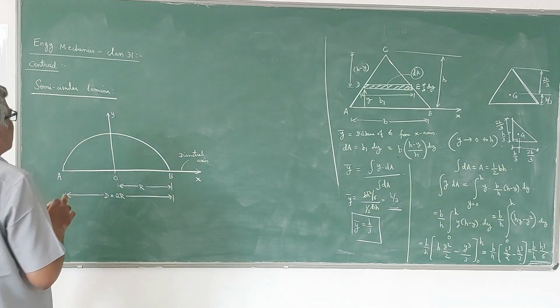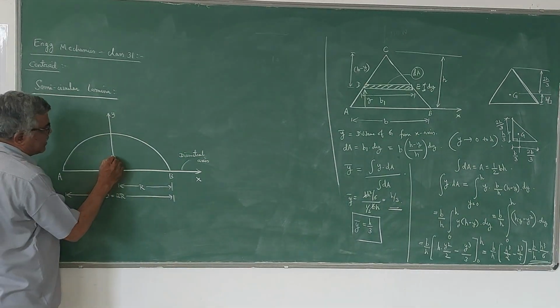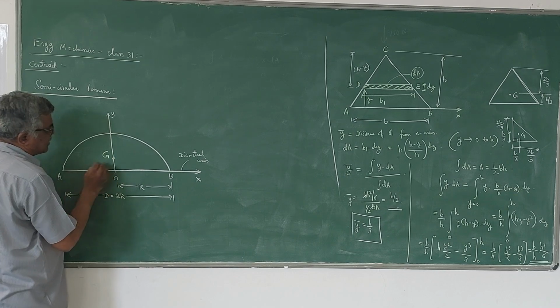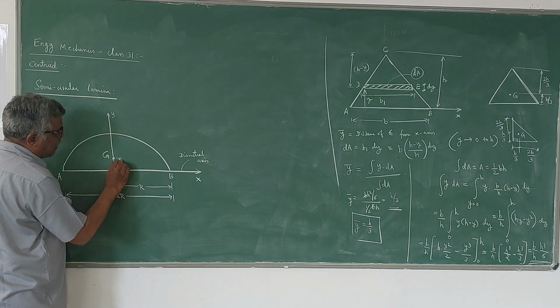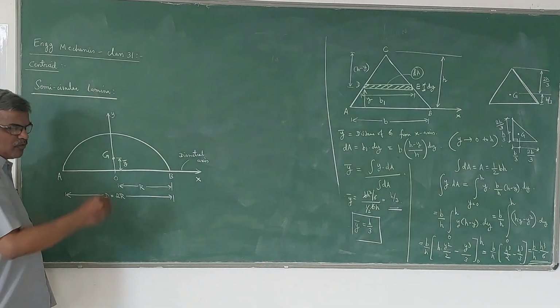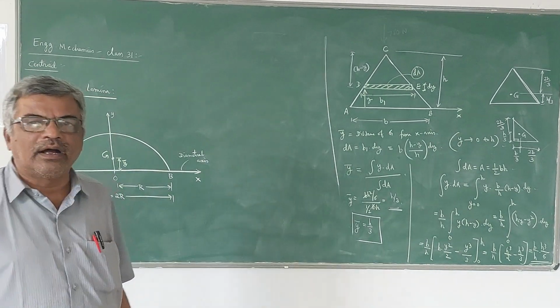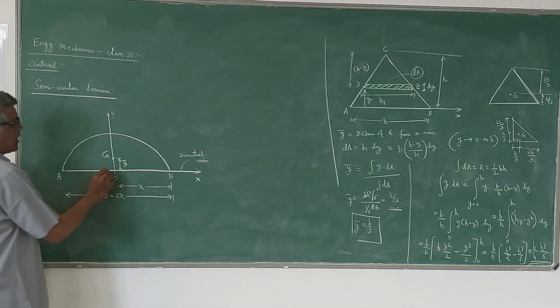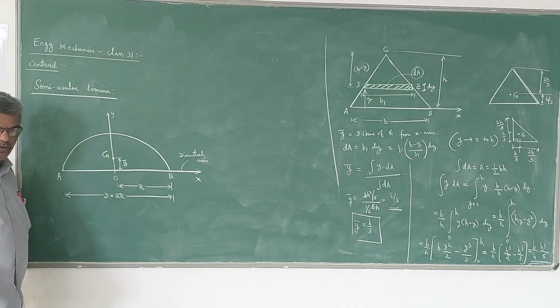That means here the y-axis is the axis of symmetry, so definitely G lies along the axis of symmetry. So only if you find out y bar, that is enough here, because x bar will be 0. If the centroid lies on the y-axis, x bar is 0.